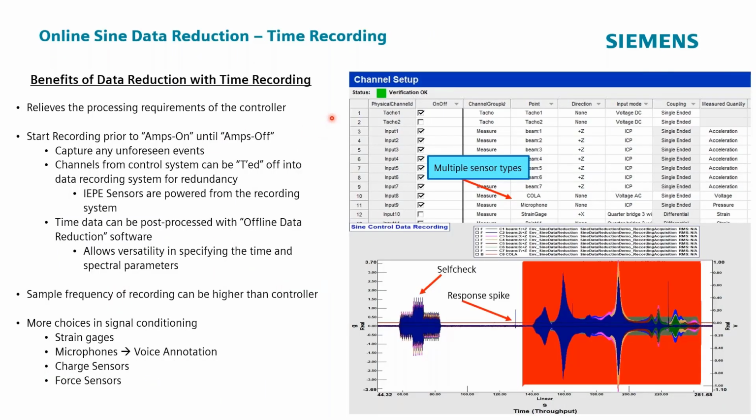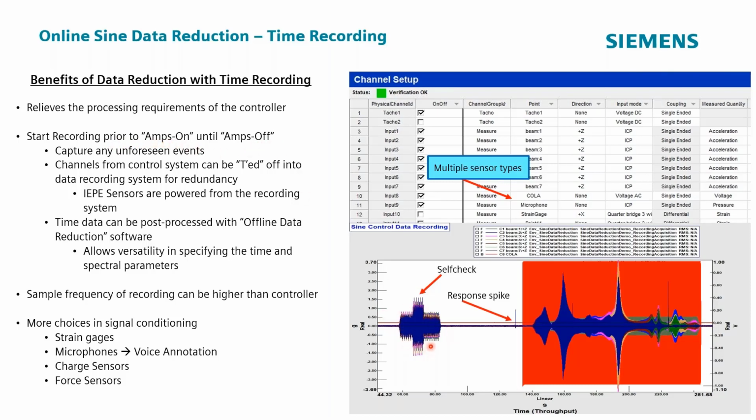So a couple reasons, again, touching on this, why you might want to do a secondary system. One of the main things you can do is start recording data from the amps turning on until the amps turning off on the shaker.